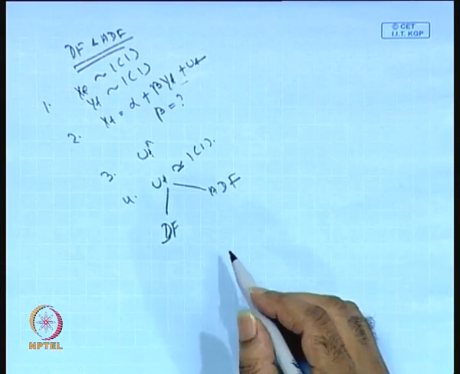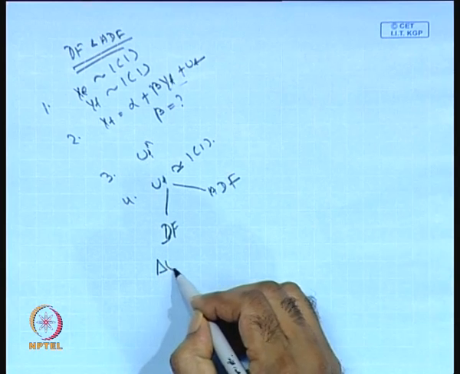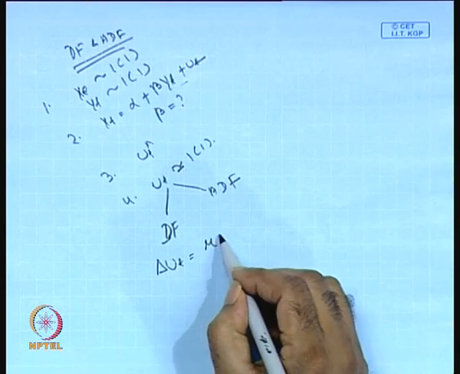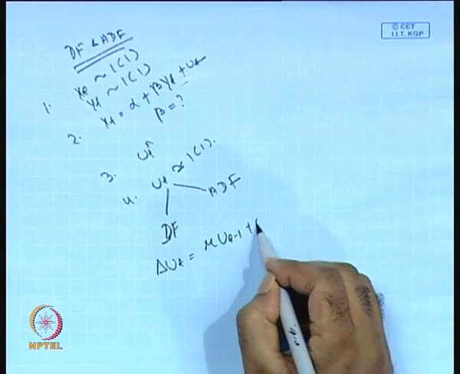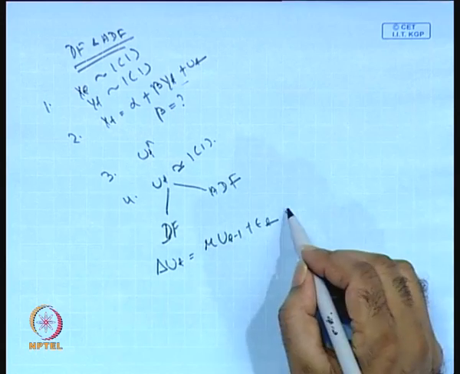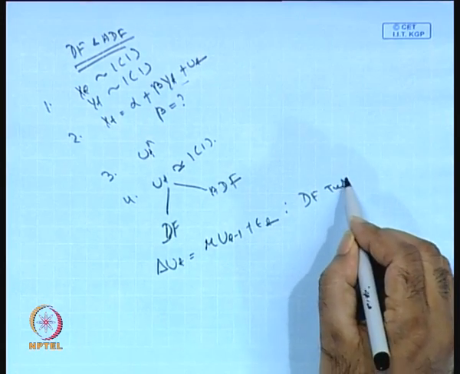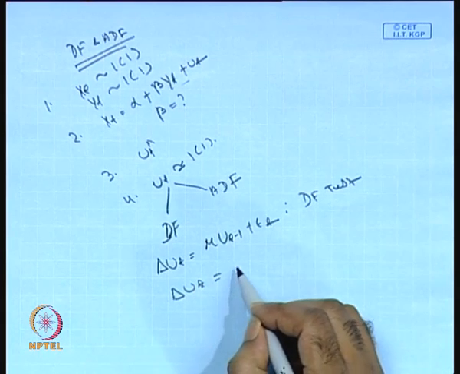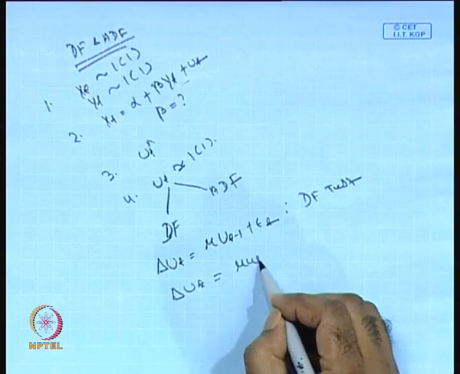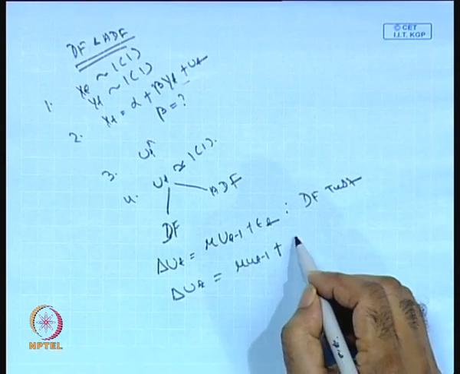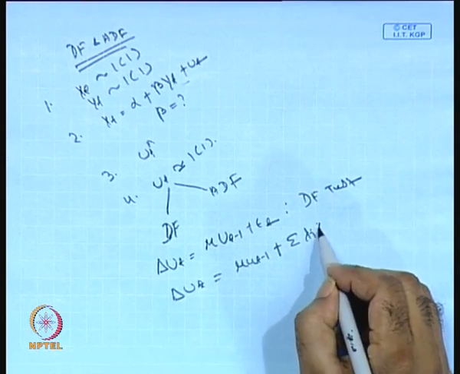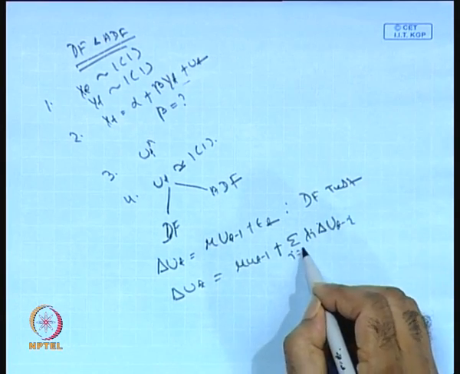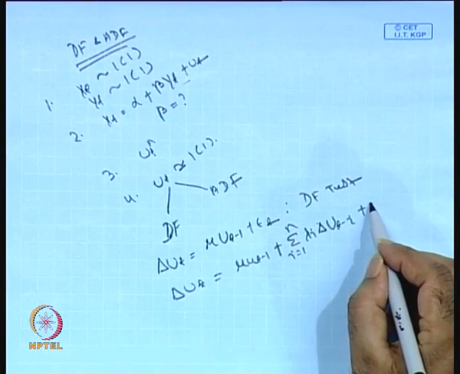For that you have to apply the Dickey-Fuller test or the augmented Dickey-Fuller test. Once you apply the Dickey-Fuller test, the statistic will be like this: delta u t equals mu u t minus 1 plus epsilon t. This is the DF test. Or you can apply delta u t equals mu u t minus 1 plus summation lambda i delta u t minus i, i equal to 1 to n, plus e t.